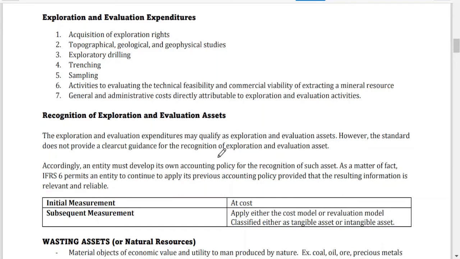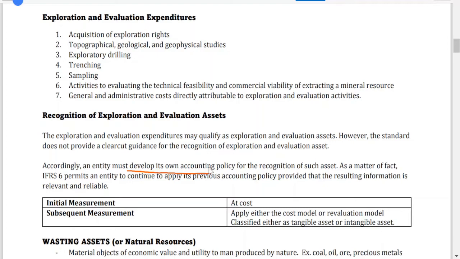However, the standard does not provide clear-cut guidance for the recognition of exploration and evaluation assets. Accordingly, the entity must develop its own accounting policy for the recognition of such assets.